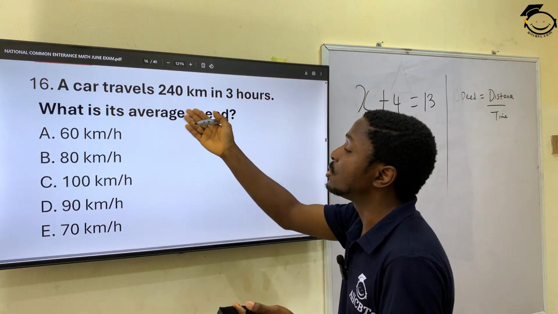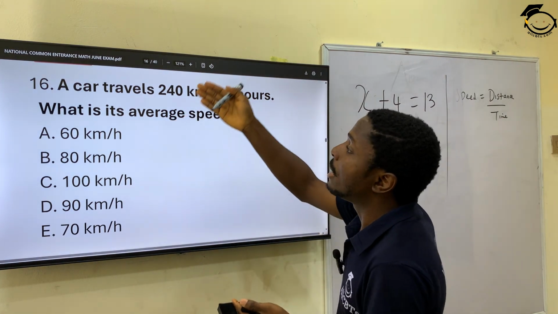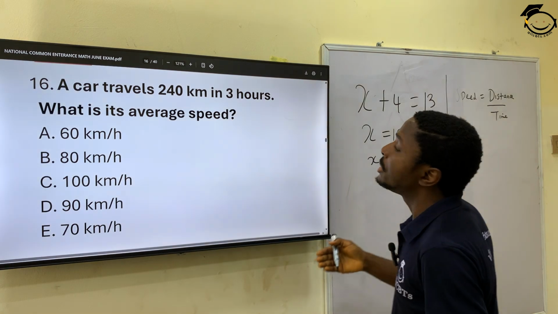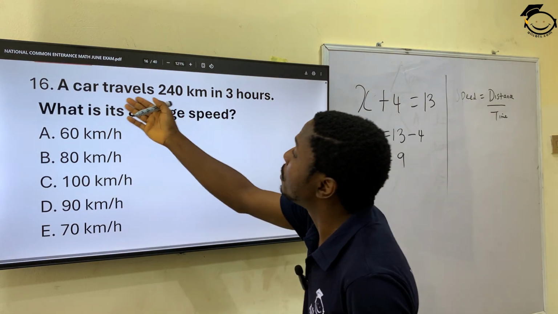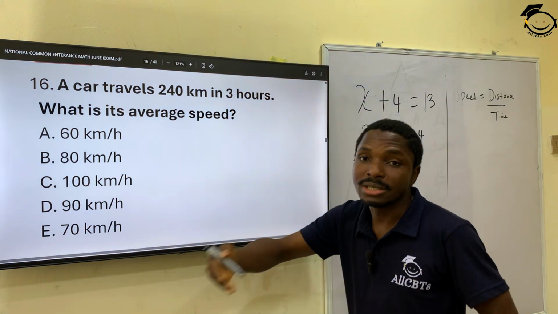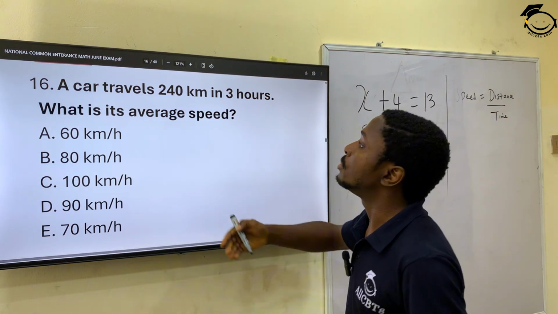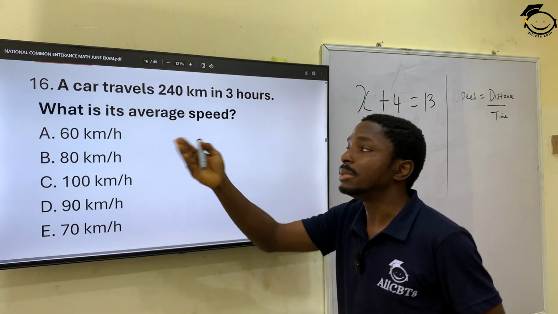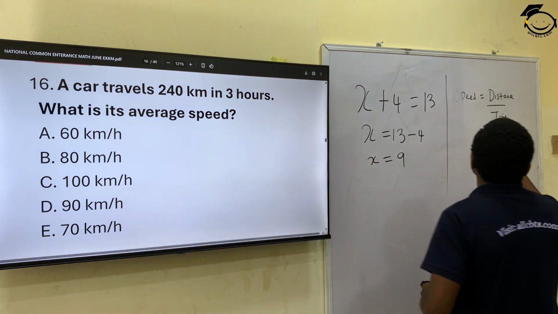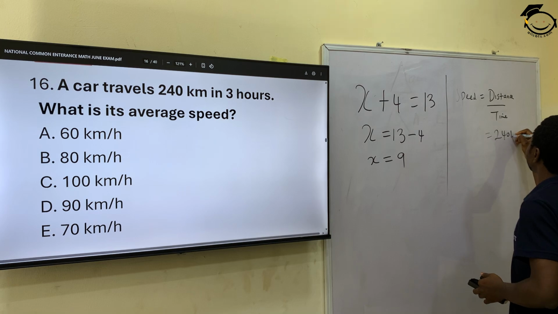You just need to substitute the figures into your formula. Travel is distance. Anytime you see kilometer or meter, that's distance. So distance is 240 kilometer.